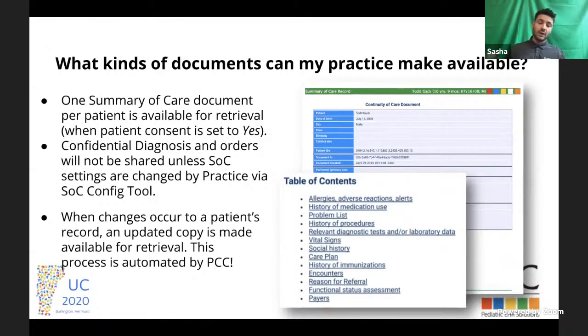So the next time there's a request initiated, we will be providing the most up-to-date document to any third-party organization who is part of the CareQuality network. And so that is the documentation that does get transmitted.